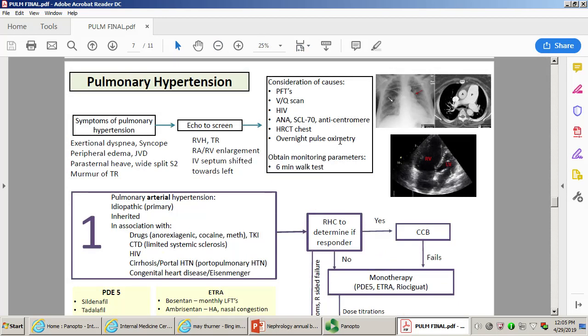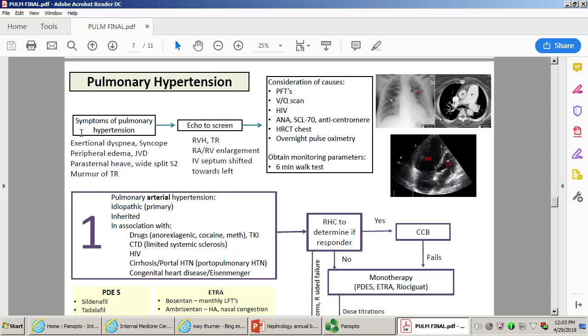So, pulmonary hypertension, right, being mindful of the symptoms and signs on the physical exam. Your screening test is going to be an echo. And whenever you see elevated pulmonary pressures, you want to think, why do they have this?